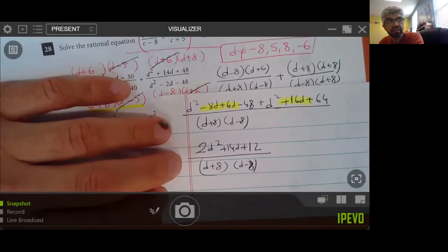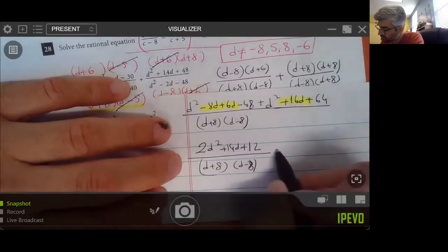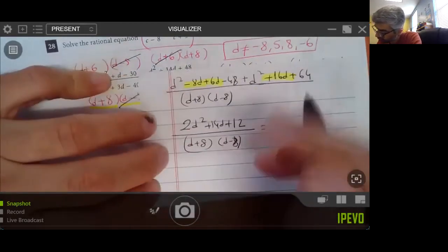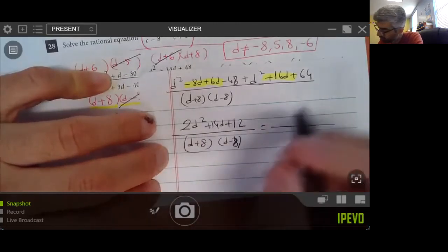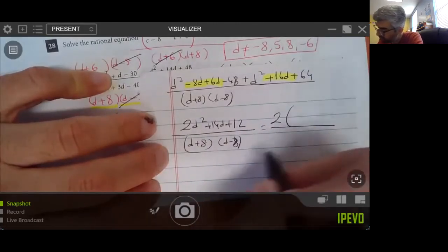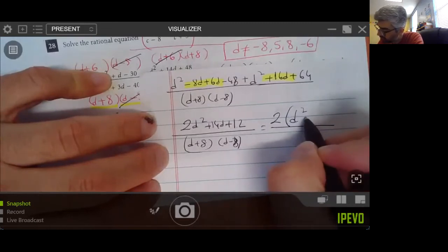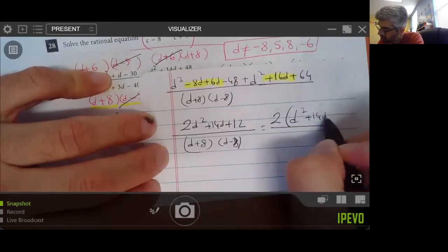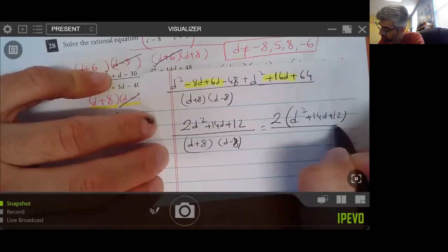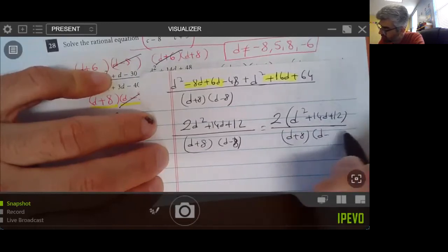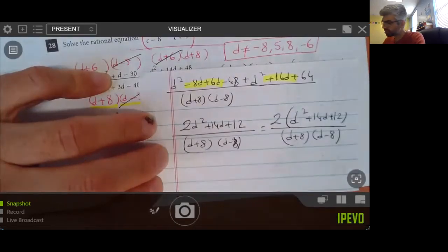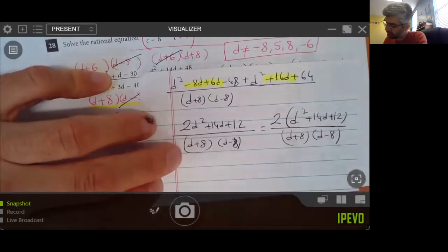Ooh, we still continue. How do you see? 2 is the common factor. 2 is the common factor. I have 2 times D squared plus 7D plus 6 over D plus 8 times D minus 8. And now I factor it out.